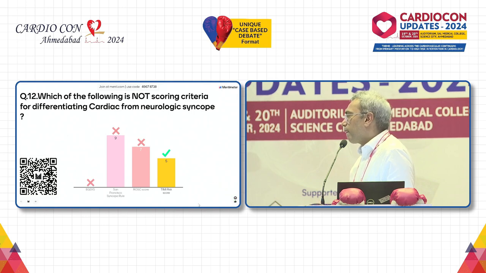And one more point: the induction of scar VT is also very much a gray zone, as sometimes you may not be able to induce the scar VT itself. So not necessarily, if the scar VT is not induced during the EP study, it might still be occurring later on. Yes.